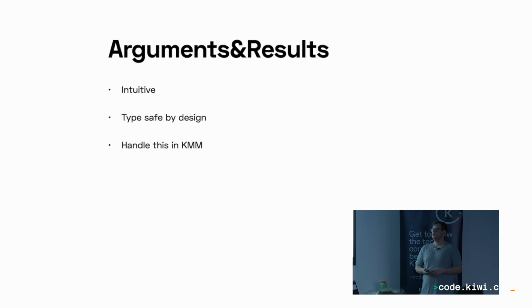Now, what about arguments and results? This is a really fundamental thing in navigation because we want to pass arguments to the screens, and we also want to get results back. For example, when you display some picture, you want to get the result of what the user chose or clicked. And this is really simple in Decompose, and it's type safe by design because you handle all of this in Kotlin.